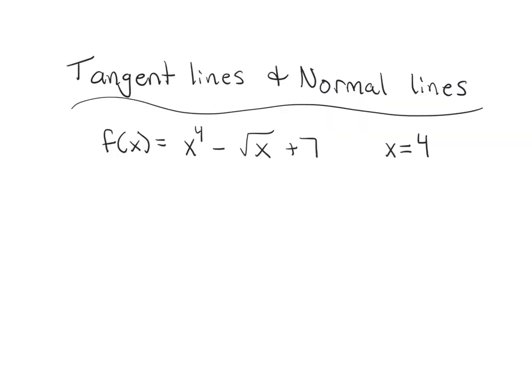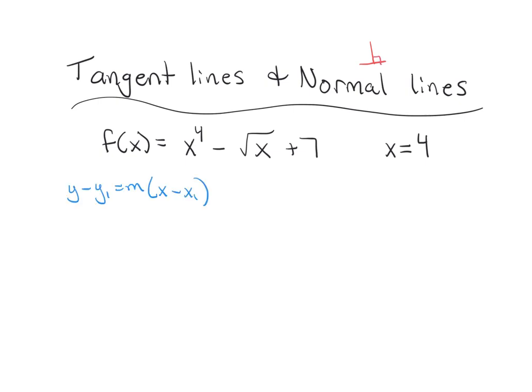Okay, so now I have a function where we are going to write the equation of the tangent line at this value of x on this function. And then we're going to write the equation of the normal line. A normal line is simply the line that is perpendicular to the tangent line.